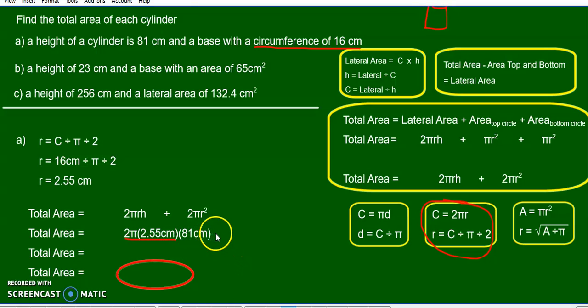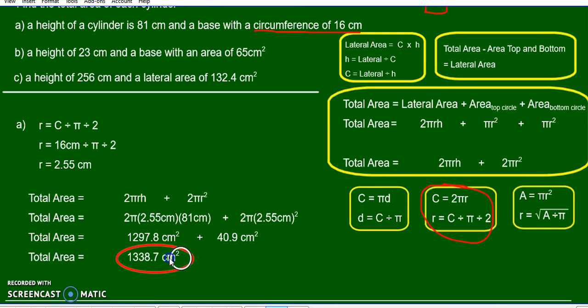And then we add the 2 circles: 2.55 squared times pi times 2. That gives us 129.97 for the lateral. The 2 circles add up to 40.9, and the total area is, just add them up.